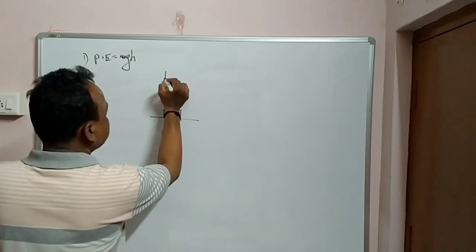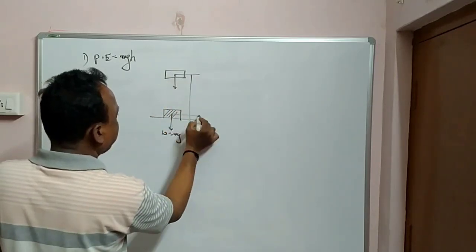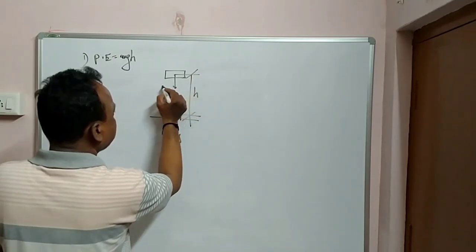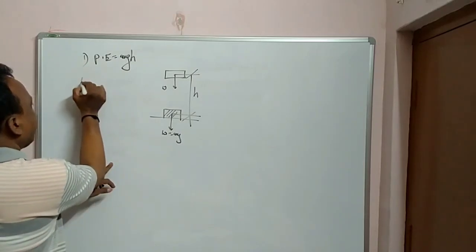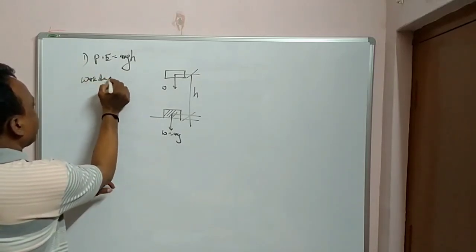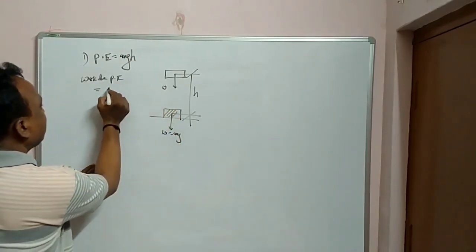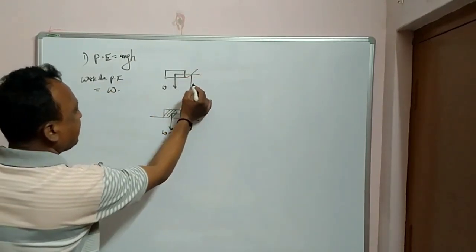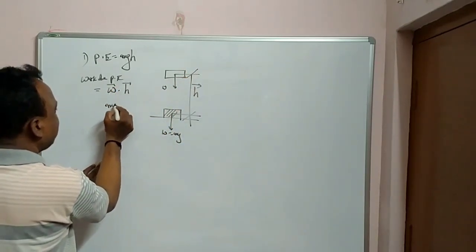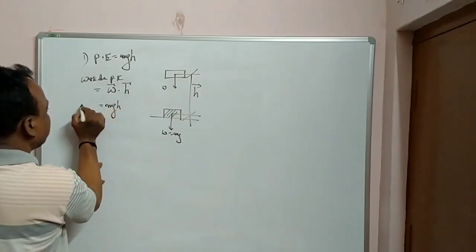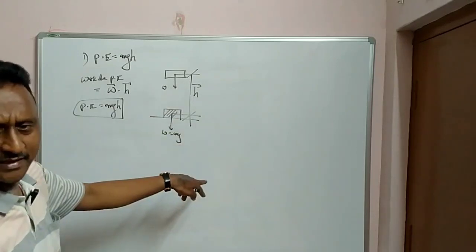Suppose this body is raised to a height h from the ground level, and we all know weight is a vector quantity. So the work done, that is the potential energy, is given by force into displacement, and displacement here means the height vector. Therefore W means mg into h. So this is the first application of the dot product of two vectors, that is potential energy.